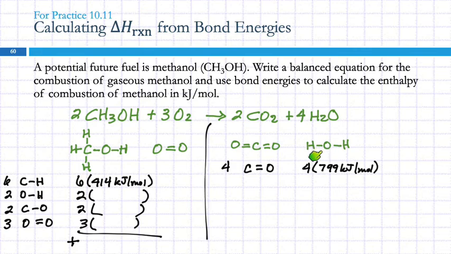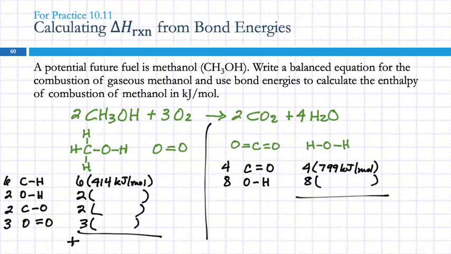And then making. So I'm making these, and I'm making these. I got it backwards. So here I have to make 2 oxygen-hydrogen bonds, 2 for this 1 molecule, but I have 4 of those, so that's 8. So then 8 times this. And I'm going to add those up.